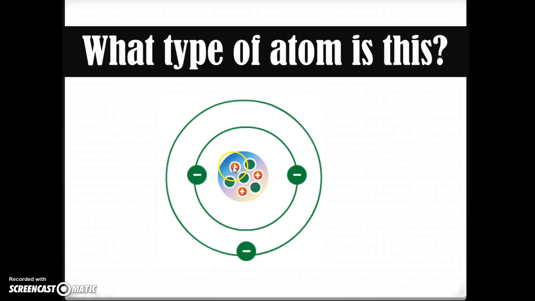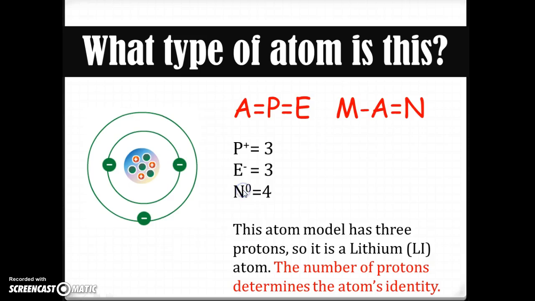What atom is this? Remember, the number of protons tells you the atom's identity. So we know it has 3 protons, so we will locate the atom on the periodic table that has an atomic number of 3.